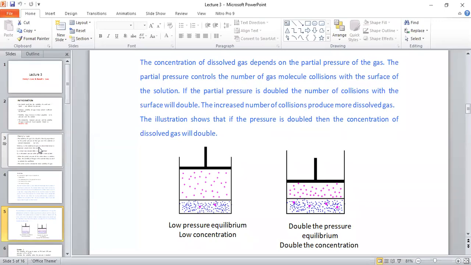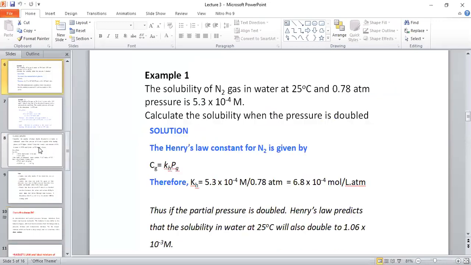And you can see four molecules of the gas getting into the solution when the pressure is doubled, unlike the first one, where the pressure is half of what is here. I believe this should explain better what we're talking about in Henry's law.